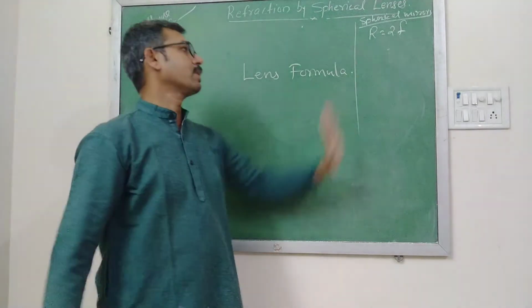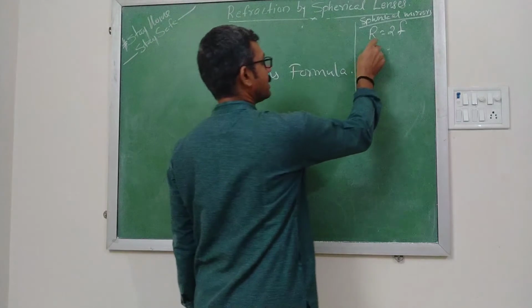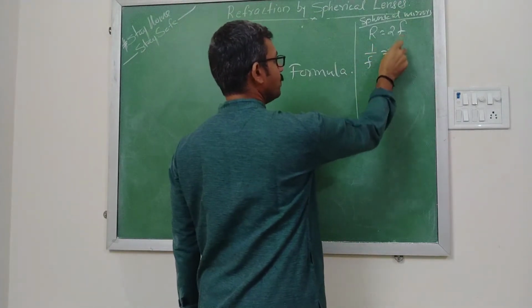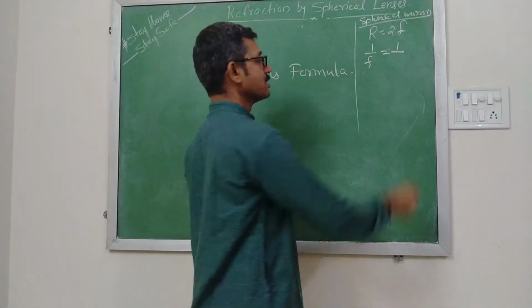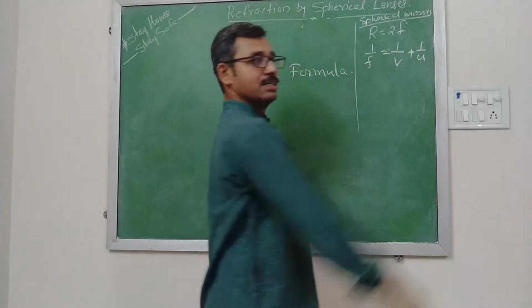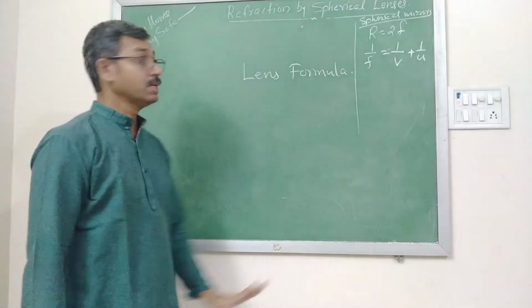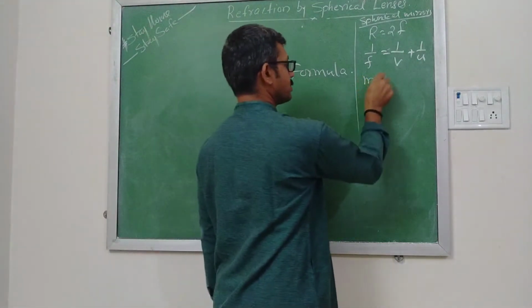Correct? Next, what we studied is the mirror formula, that is 1 upon F is equal to 1 upon V plus 1 upon U. What is V? Image distance. What is U? Object distance. Sure. Again we studied the magnification.